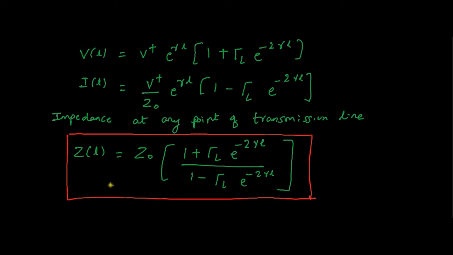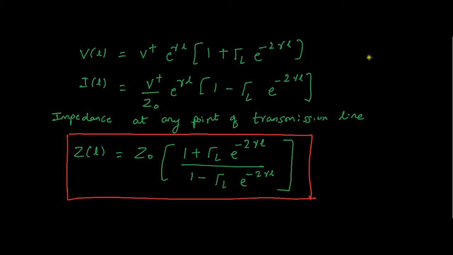Let me summarize what we did till now. First we learned the notation, how the impedance at any point on the transmission line is calculated. It is calculated from the load end of the transmission line. We substituted x equal to minus L in the original transmission line equations, so we got the new equations for voltage and current. We also learnt that there is a forward traveling wave and a reflected wave. The load impedance ZL will contribute to the reflected wave.